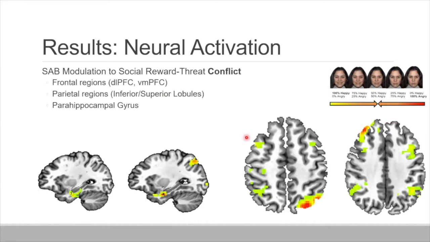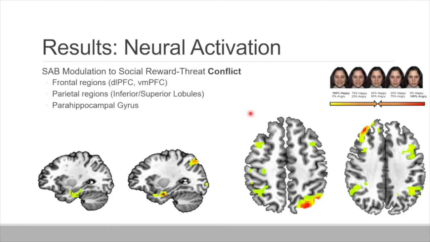We see regions like the dorsolateral prefrontal cortex, some parietal areas like the superior parietal lobule, but also anterior ventral hippocampus or the parahippocampal gyrus. Something to keep in mind is that we do the same exact neural activation models for our social reward and our social threat models, and we see a lot of these same overlapping regions come out. So it's an open question as to how specific this is in terms of neural activation.